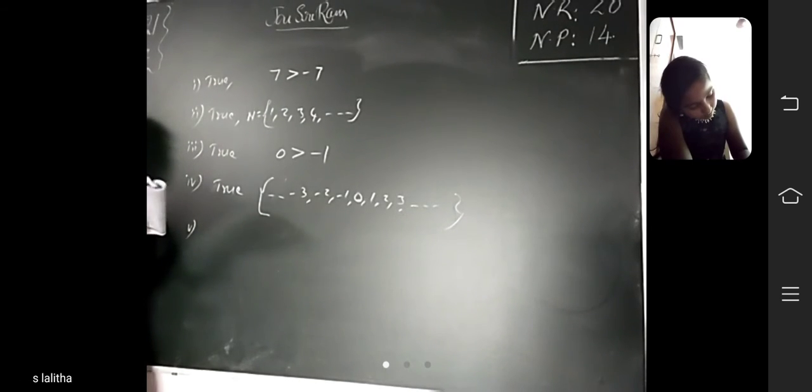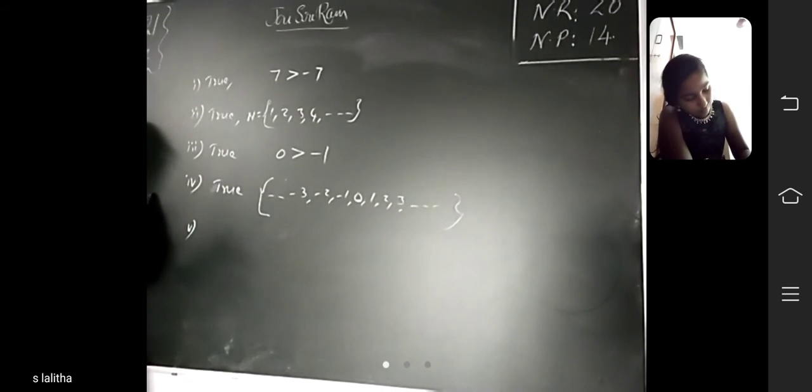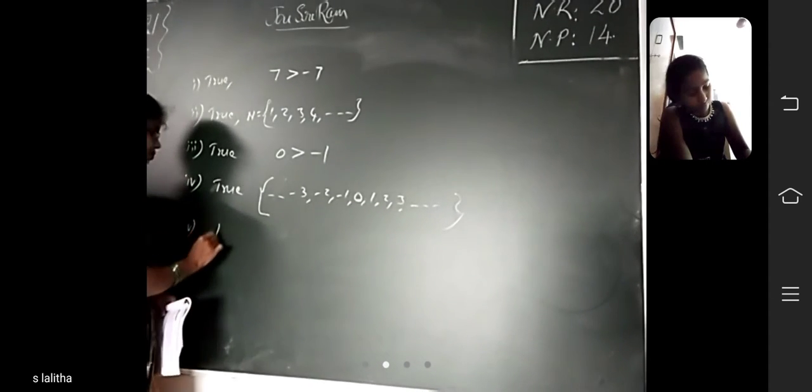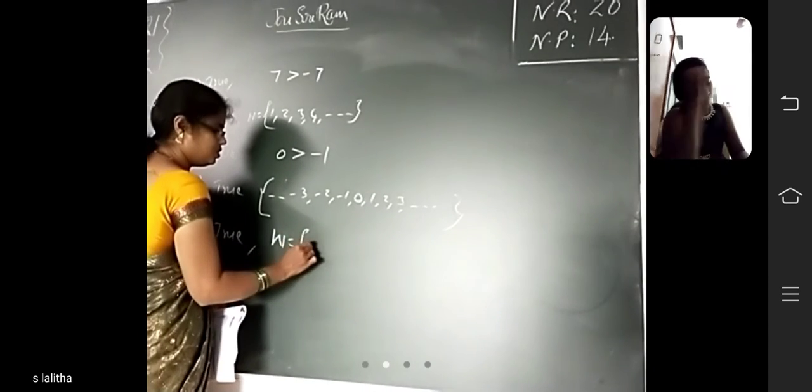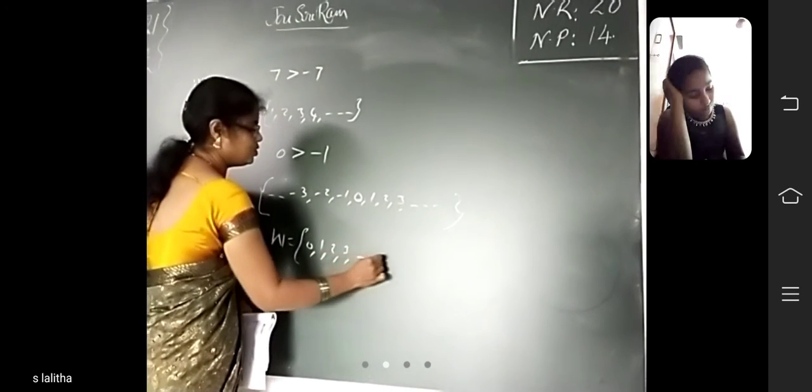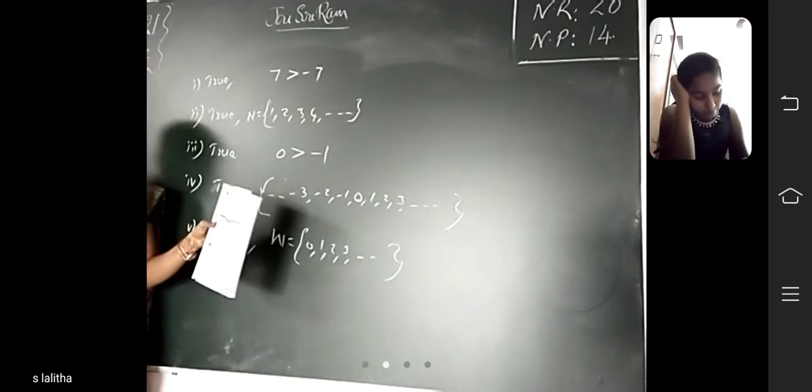All whole numbers are integers. Whole numbers start from 0 onwards: 0, 1, 2, 3. All are integers, yes. True. W is equal to 0, 1, 2, 3, and so on. All are true.